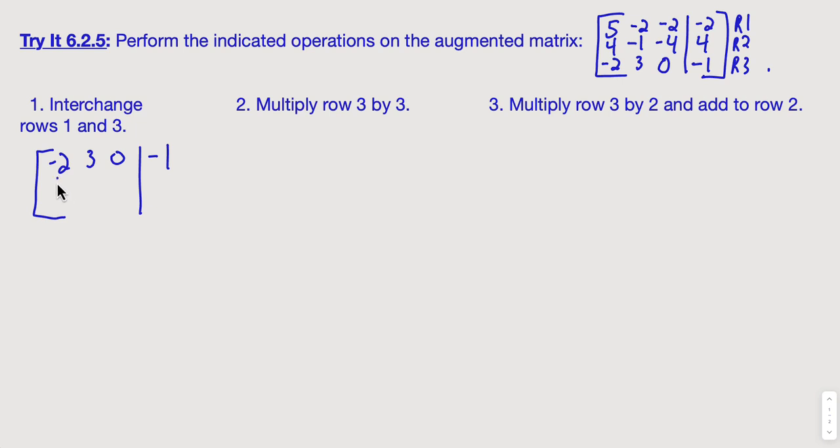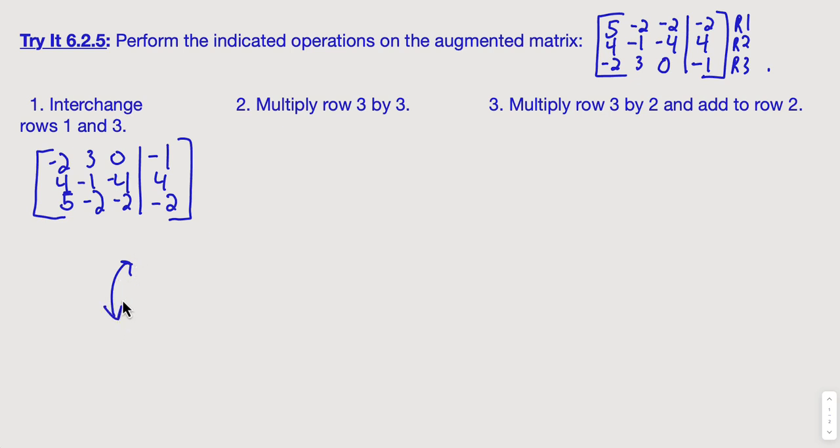So we have 4, -1, -4, 4, and then our original row 1 becomes our row 3. So row 3 is now 5, -2, -2, -2.